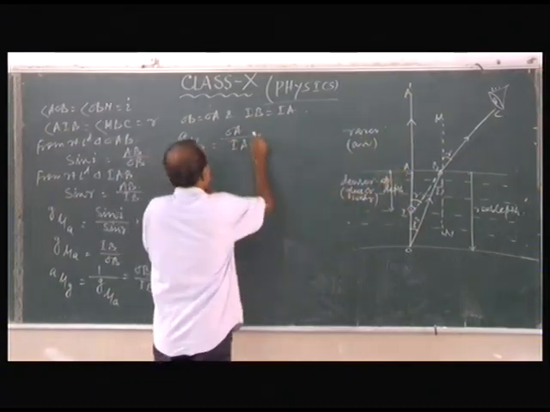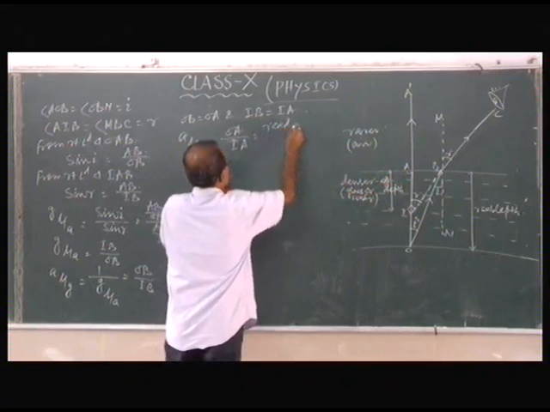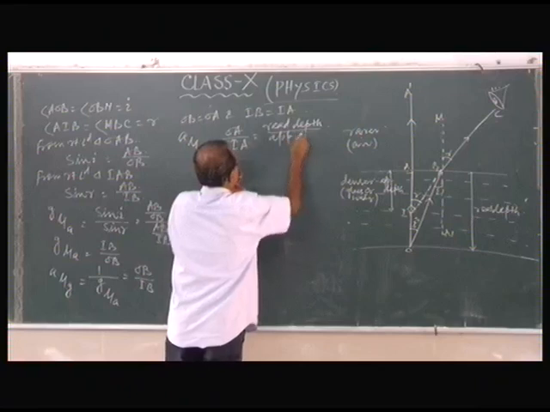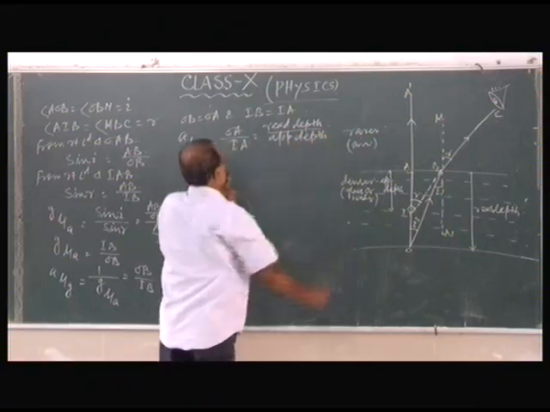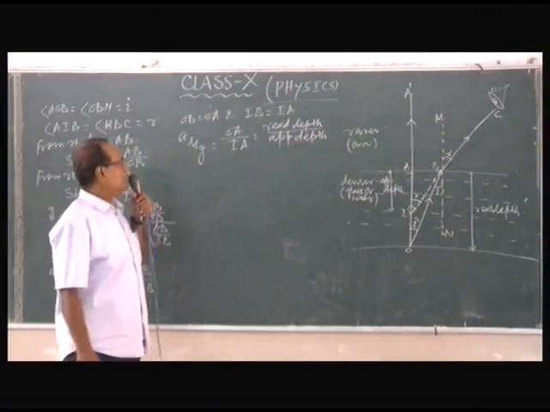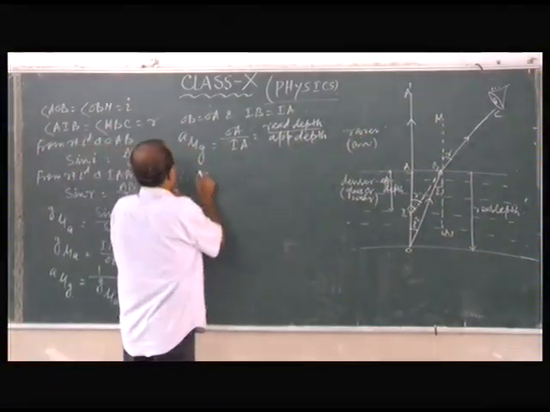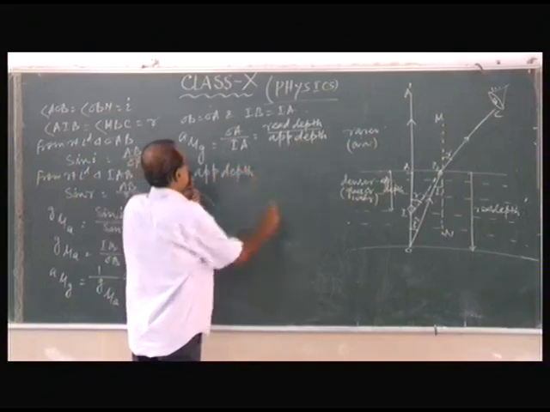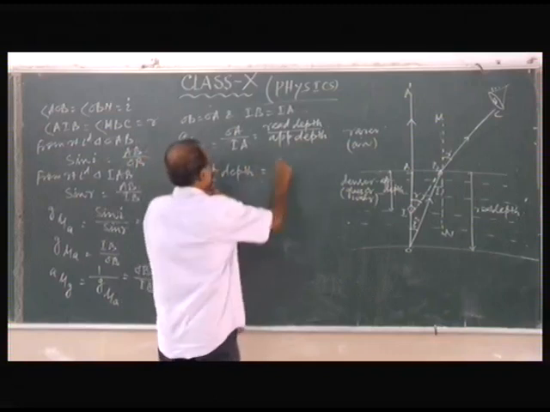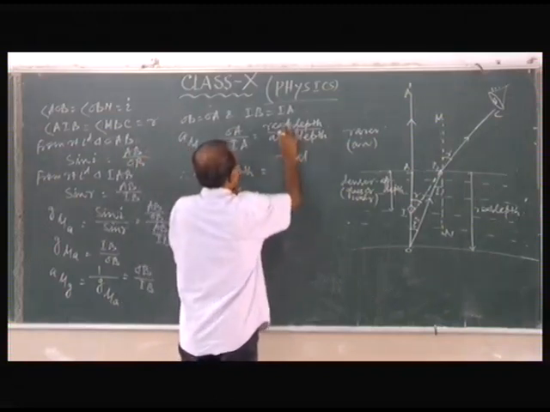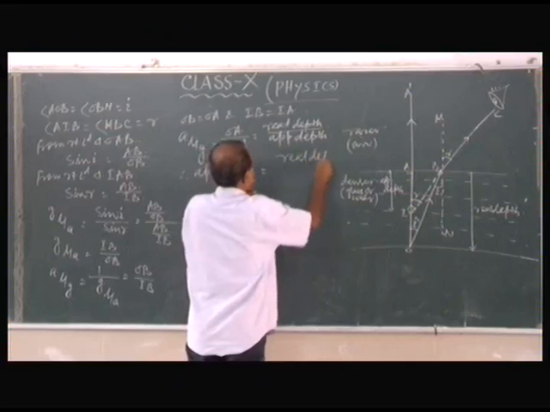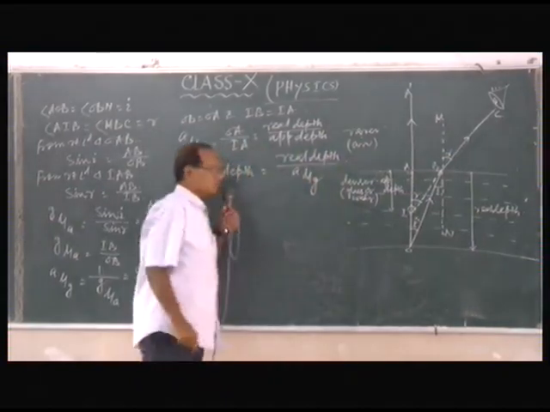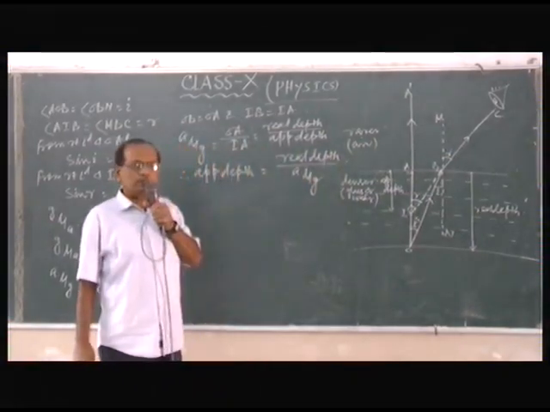So then we can write real depth by apparent depth. Therefore, apparent depth is equal to real depth by A mu G.